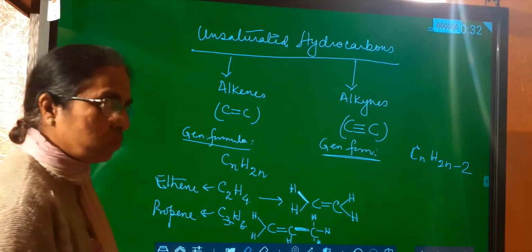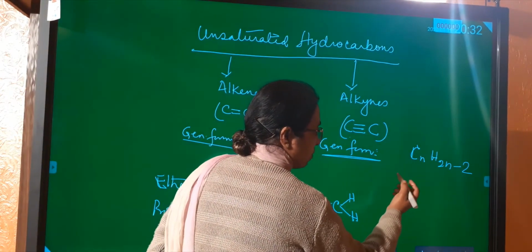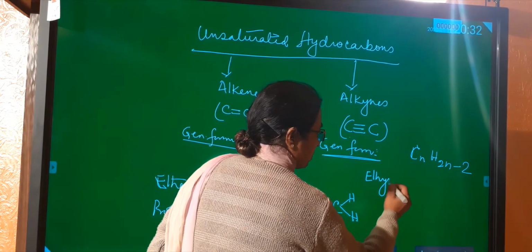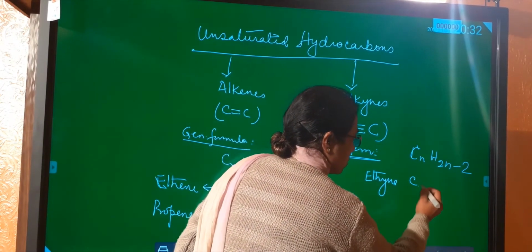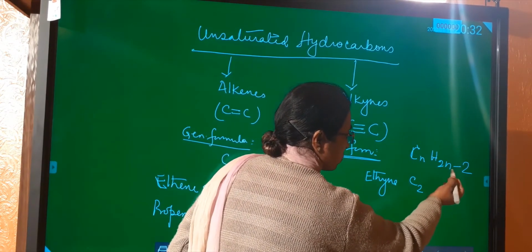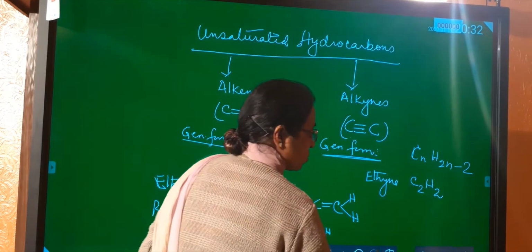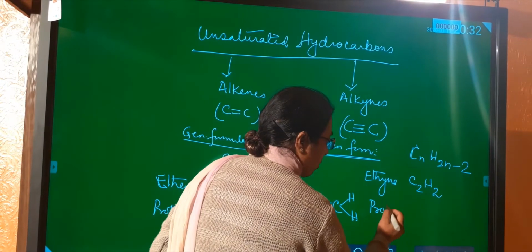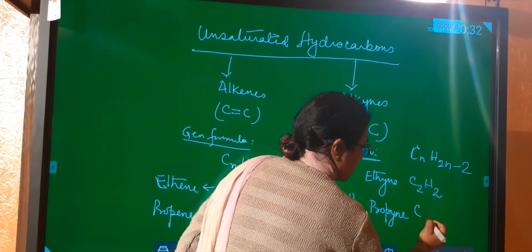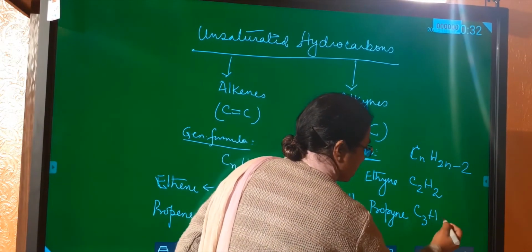Supposing I begin from the lowest member, that is ethyne, which is C2, and H2n minus 2, that means 2 2s are 4, 4 minus 2 is 2, so that is C2H2. If I write propyne, then this becomes C3, and 3 2s are 6 minus 2, that is H4.